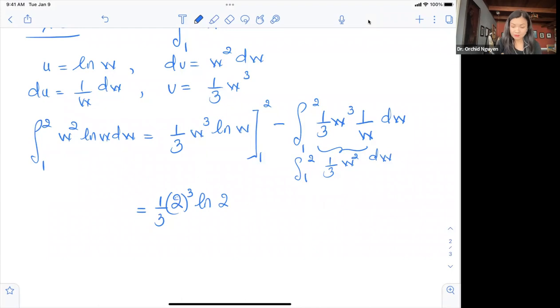And then I have 1, but if I put it in here, it's going to get 1/3, but ln 1 is just 0. So everything turns into a 0.